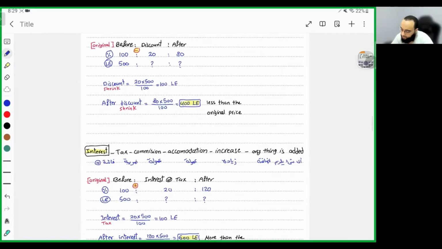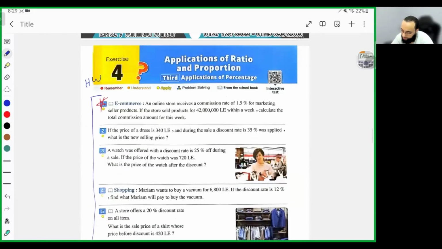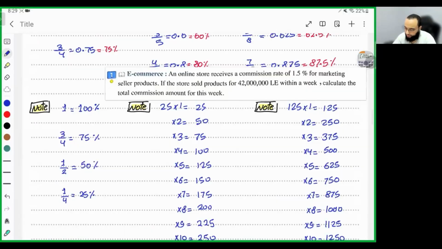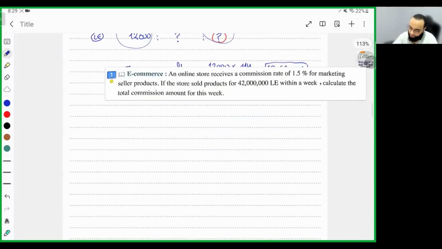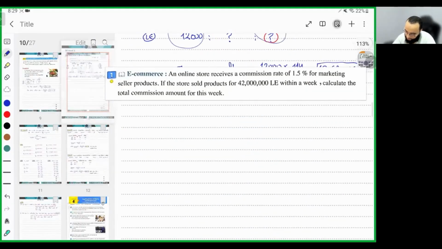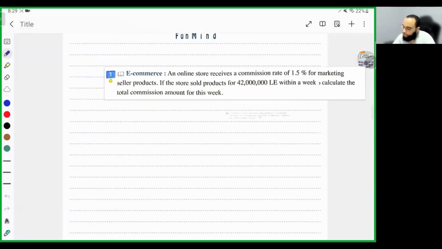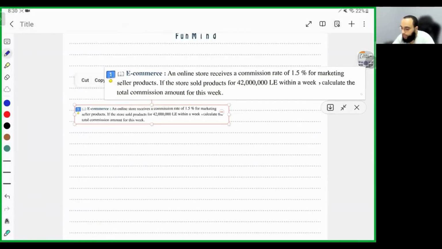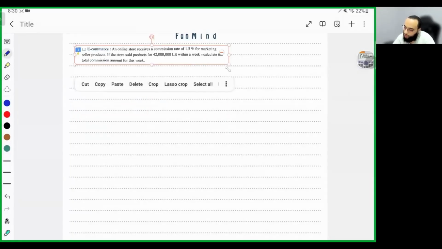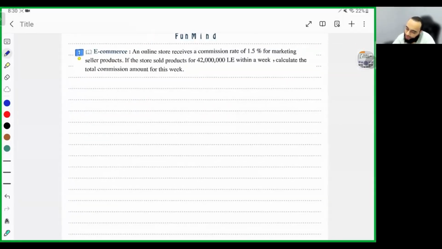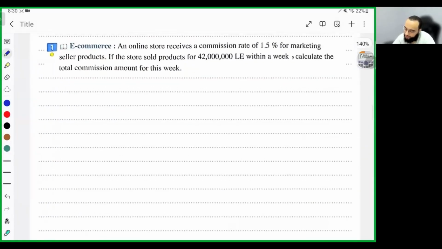Sarah, let's look for a question like that. Read the question, yes, sir. An online store receives a commission rate of 1.5%. So the commission rate looks like the tax. It's increasing the money. An online store receives a commission rate 1.5% of marketing sellers' products.